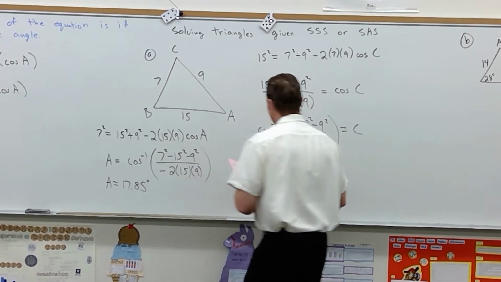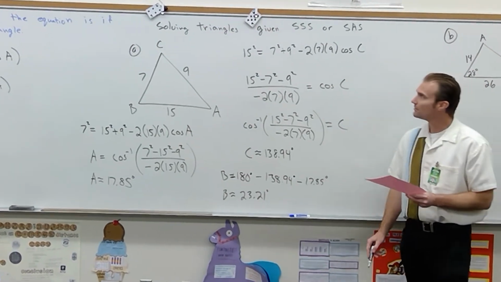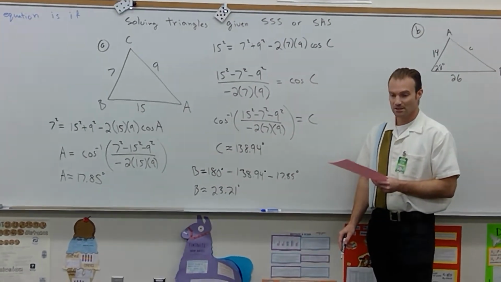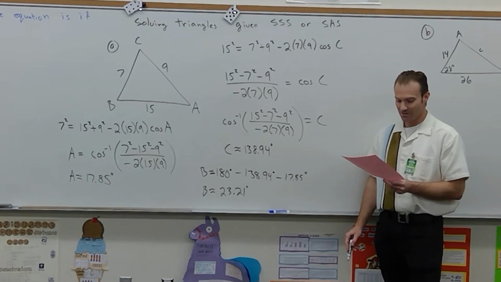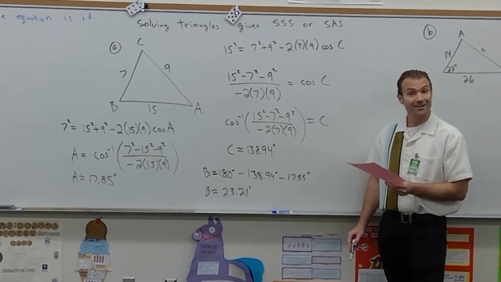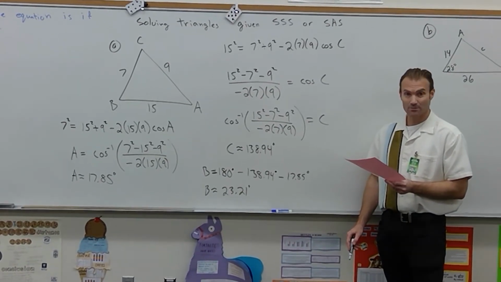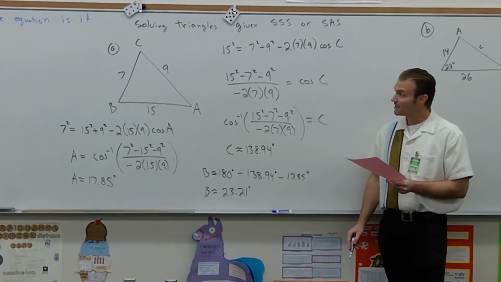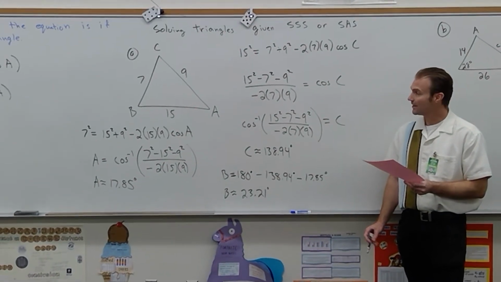There you go. We've now solved the side-side-side triangle. Notice the instructions also say find the area. So that's a review. That's what we did last lesson with the law of sines, finding the area.